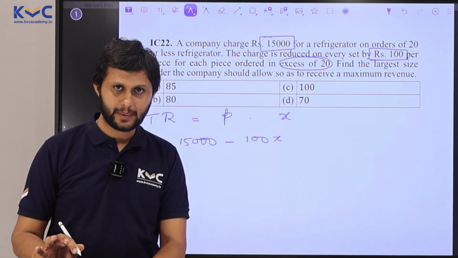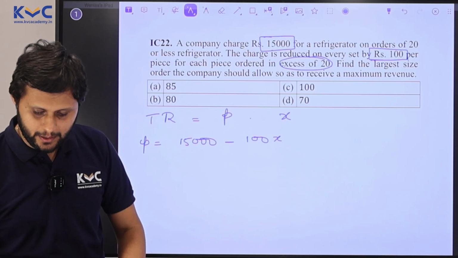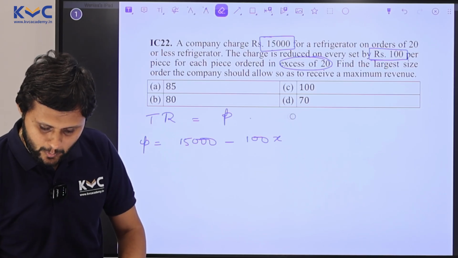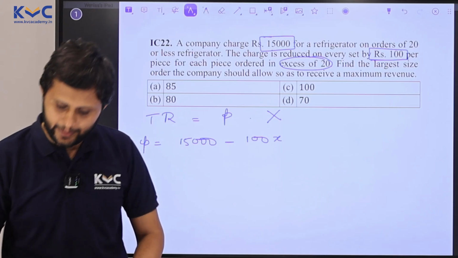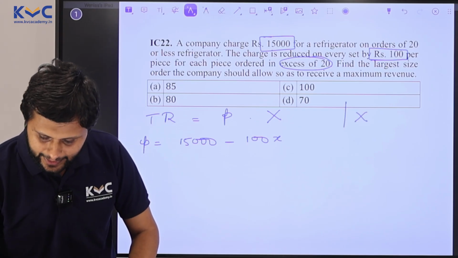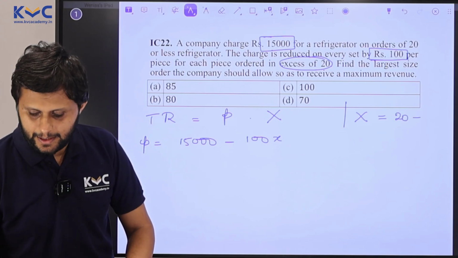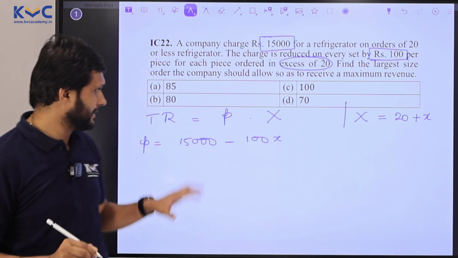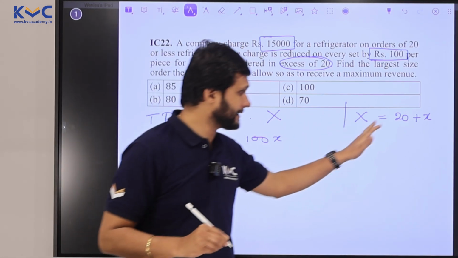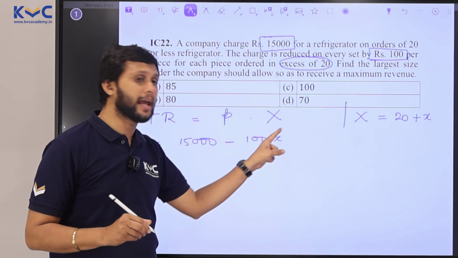then we'll have to reduce. So what I'm going to do here is change this small letter x to capital letter X, and I also write capital letter X is equal to 20 plus small letter x. See the changes that I'm making. Capital X is 20 plus small x. Now if you see, it makes sense. This is over and above 20.